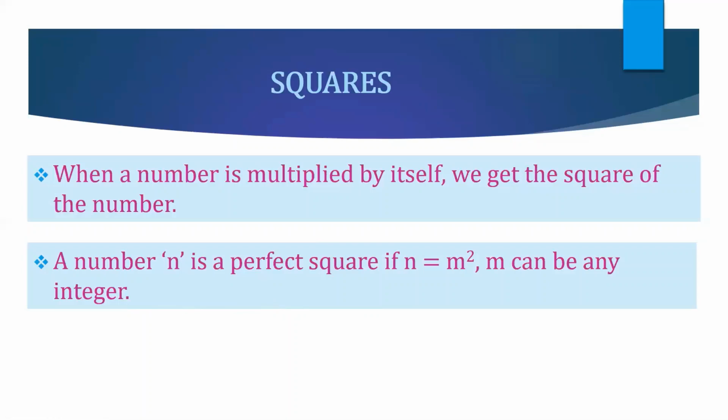Same way, -2 into -2 is also 4. -3 into -3 is also 9. 3 3s are 9, as well as -3 into -3 is also 9. So here the number which we are multiplying by itself, it can be a positive number, or it can be a negative number, or it can be 0. So here m can be any integer.